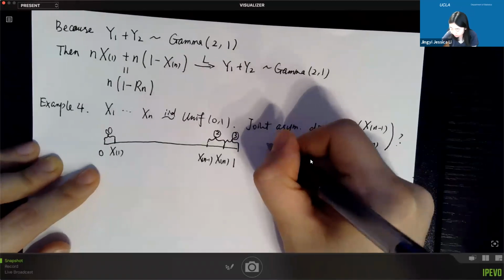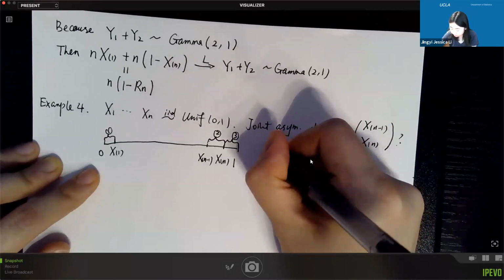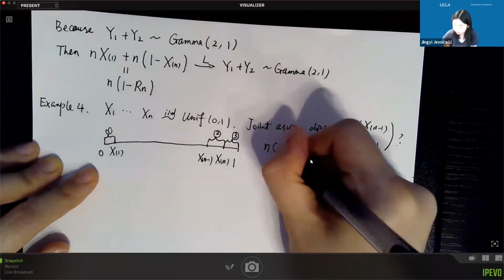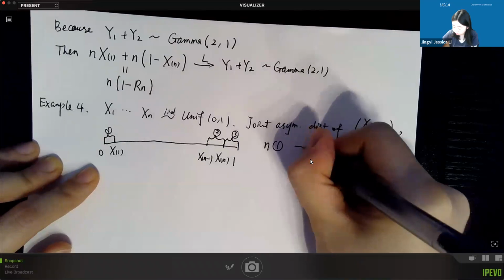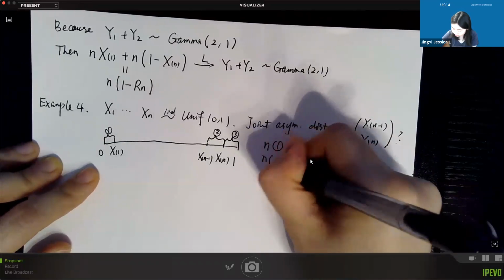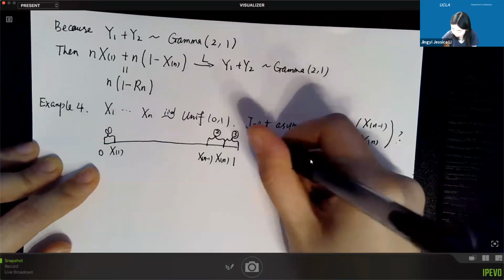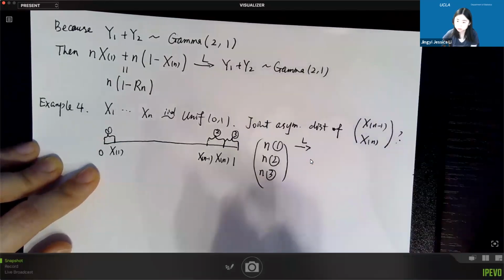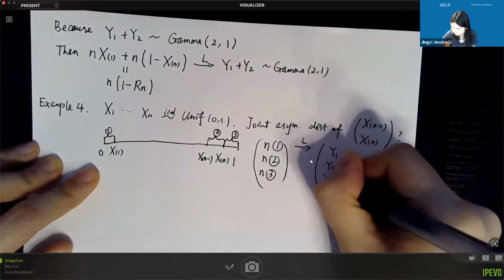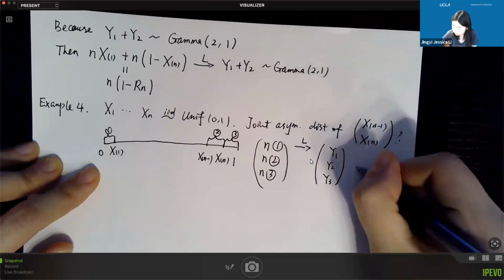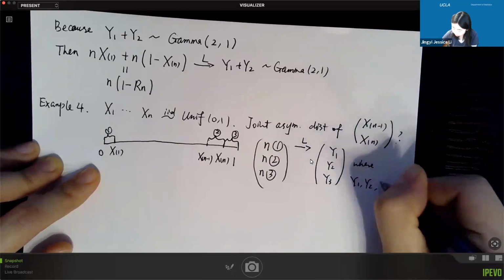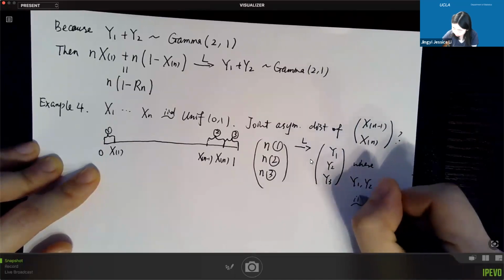So what we can say is that asymptotically, n times the segments are jointly converging in law to Y1, Y2, Y3, where these Y1, Y2, Y3 are i.i.d. from exponential 1.